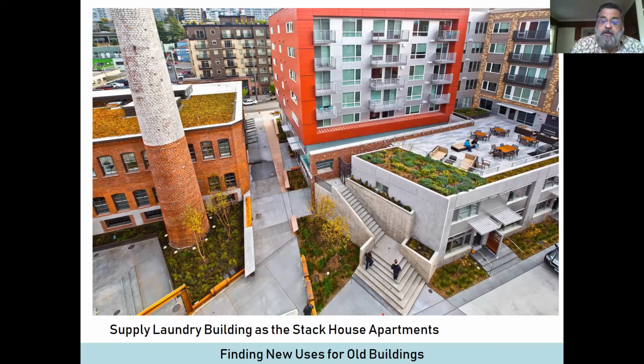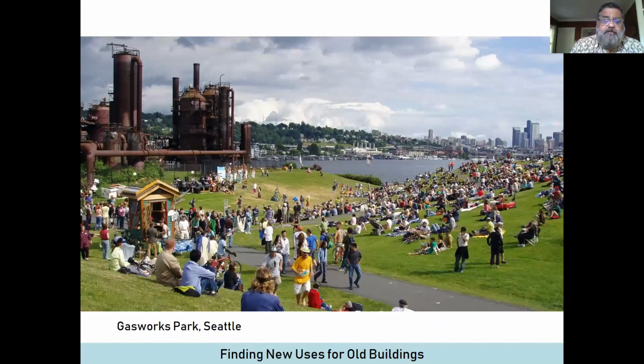So another reason why we engage in the methodology of adaptive reuse, as I said, is that we're trying to find new uses for old buildings or old sites, right? In the context of the United States, for those of you who are not familiar, manufacturing and industry moved out, were banished from the urban grid by World War II. So much of the manufacturing that was urban was located in the suburbs and beyond.